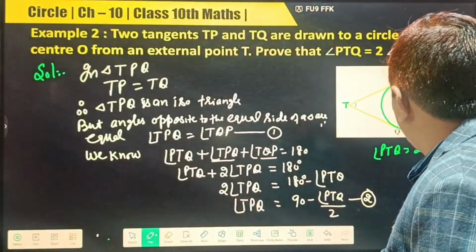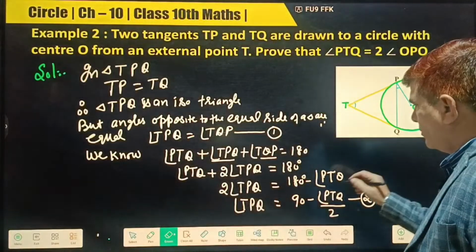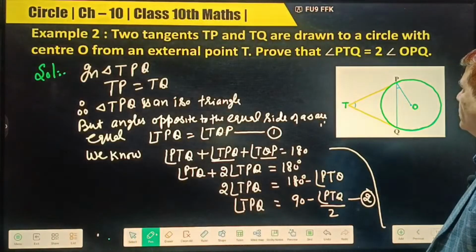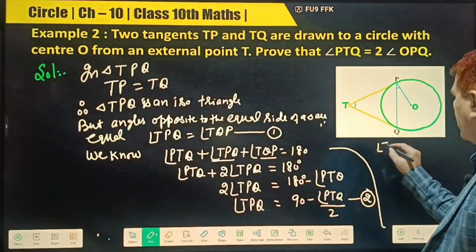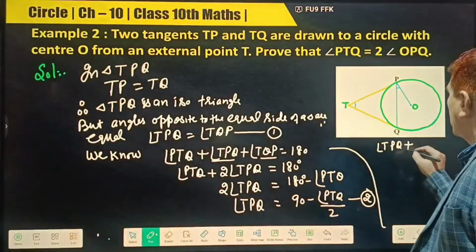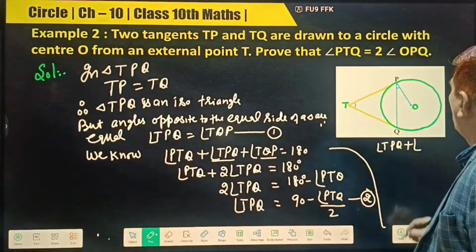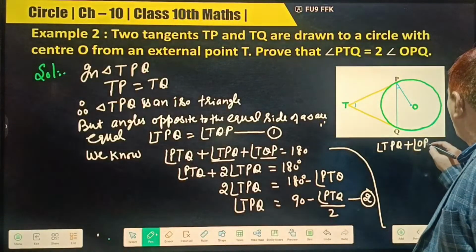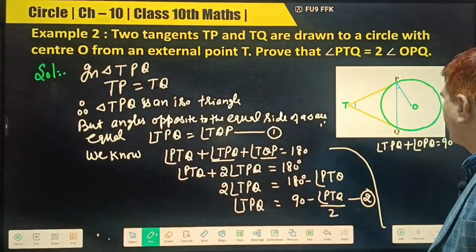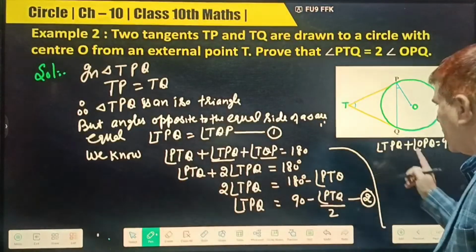Understood? So here I am writing angle TPQ plus angle OPQ, this also 90 degrees. So put this value of TPQ here.